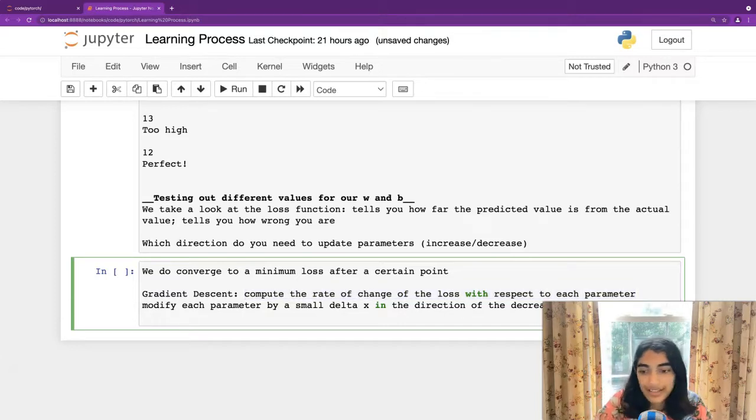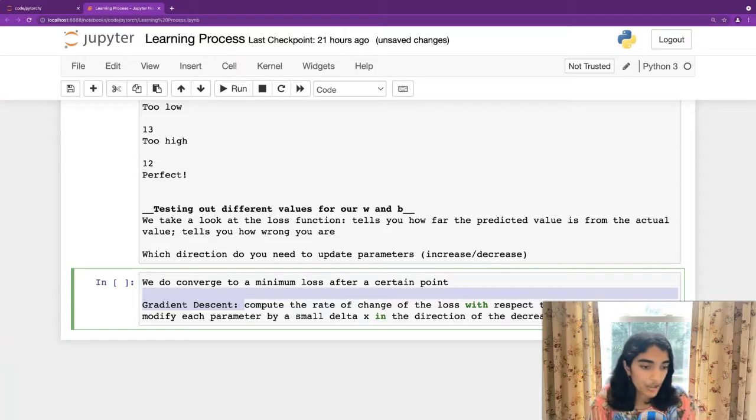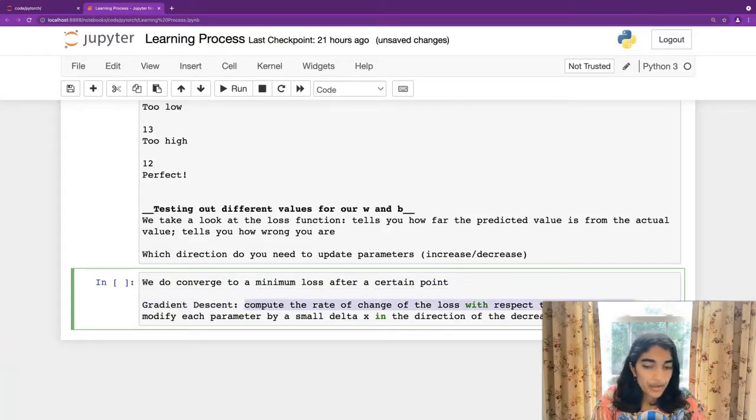Well, let's first take a look at how we're defining the rate of change, and then we can modify it based on this number.